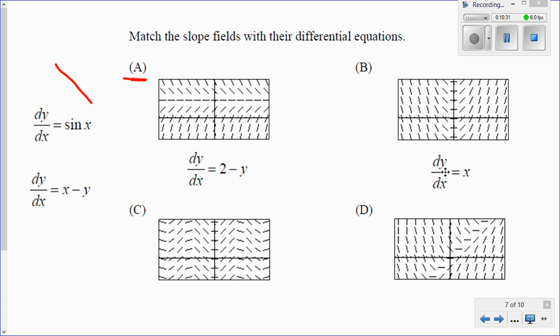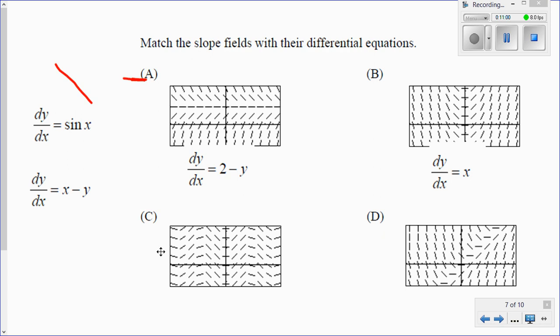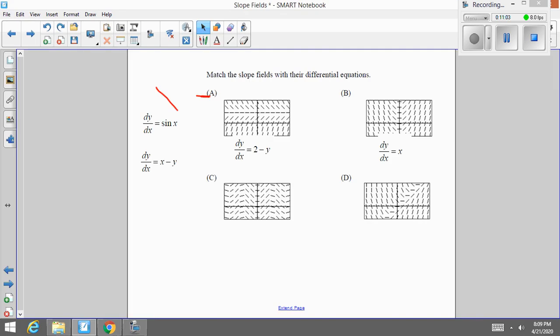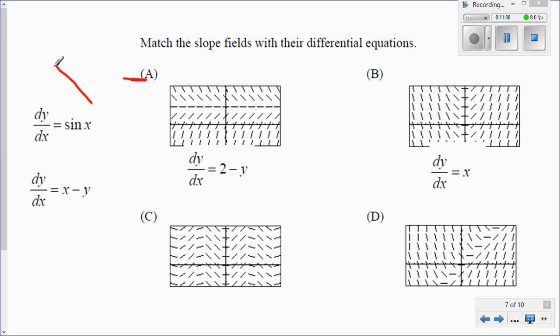Well, remember that if we were to anti-derive sine of x, we would get negative cosine of x. And I know the graph of cosine of x is a wave. Looking at the slope field for C, I hope you can see that wave there. Think of your slope field as waves directing a ship or a boat.